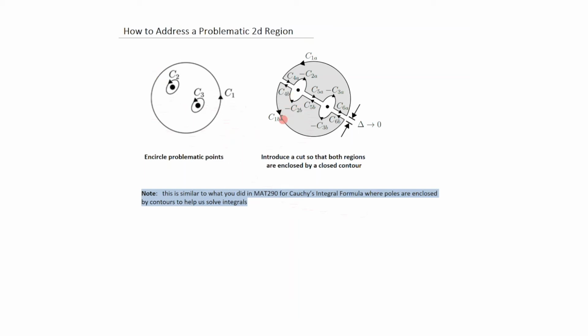And so what you end up with is two separate subregions, and for each subregion, we can have a contour that encloses it. So here's one subregion, this gray area, and here's the second subregion. I distinguish this to be the bottom subregion and A, the top subregion. So the cut allows us to do it.